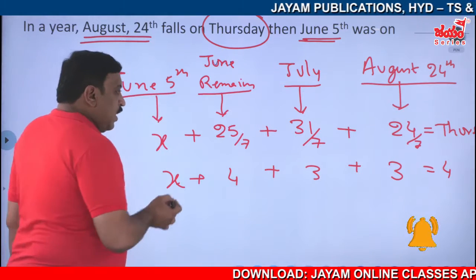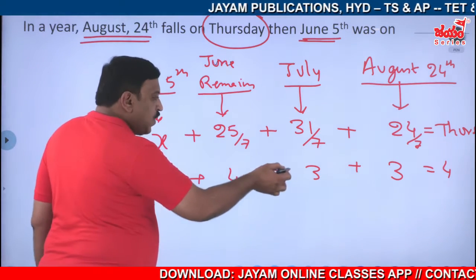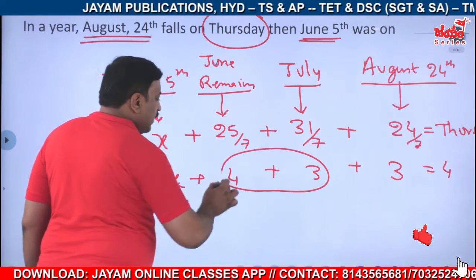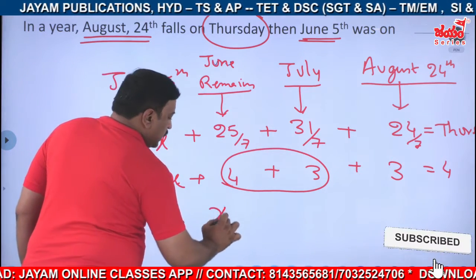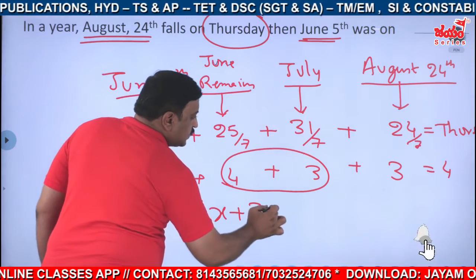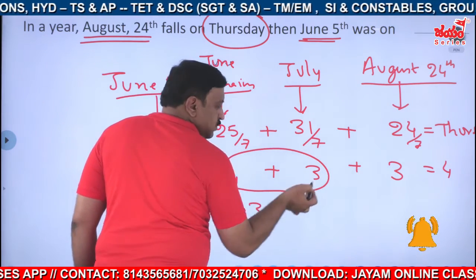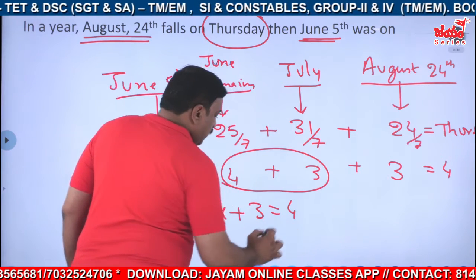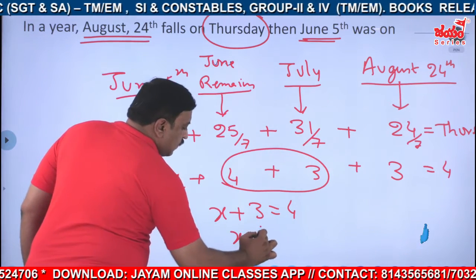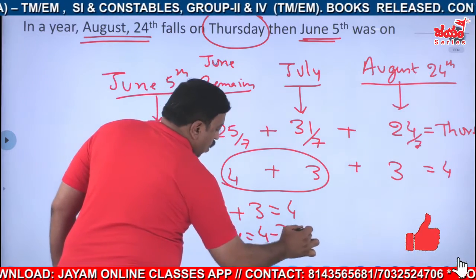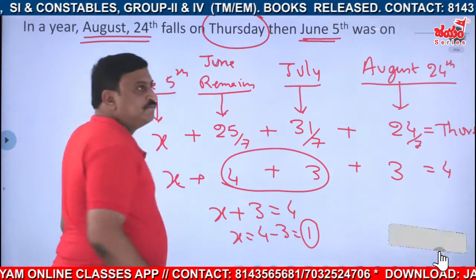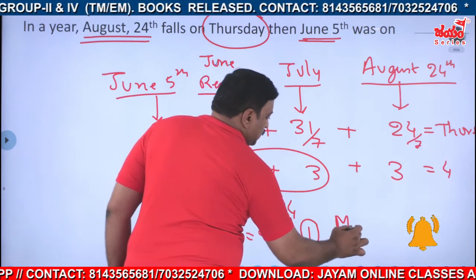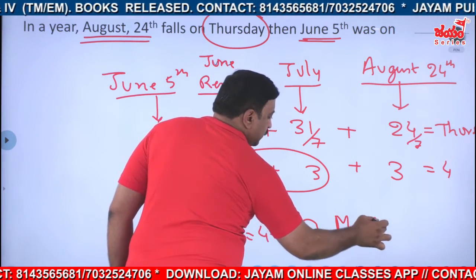Odd days calculation is nothing but removing the complete weeks. I got here 4 plus 3, that is 7. I'll remove that also. So X plus 3 is equal to 4. X is how much? 4 minus 3, that is 1. 1 means what? Monday. 1 means Monday.